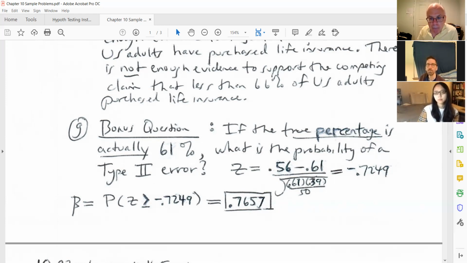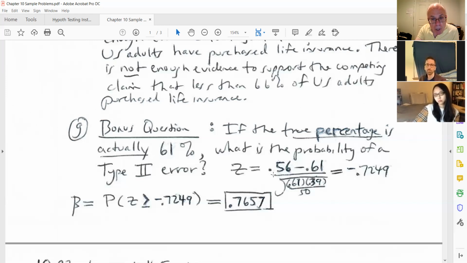It's the same sample statistic, by the way. That hasn't changed. It's 0.56, right? But the population proportion is now known to be 0.61. We're going to use it.